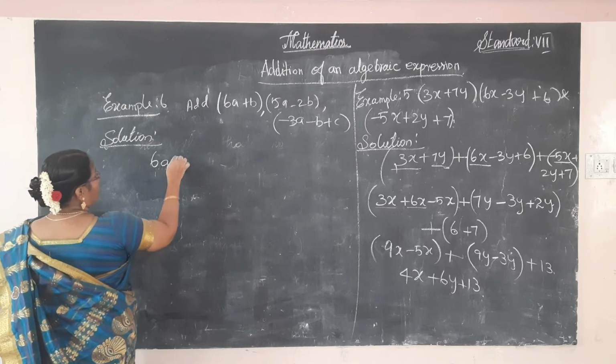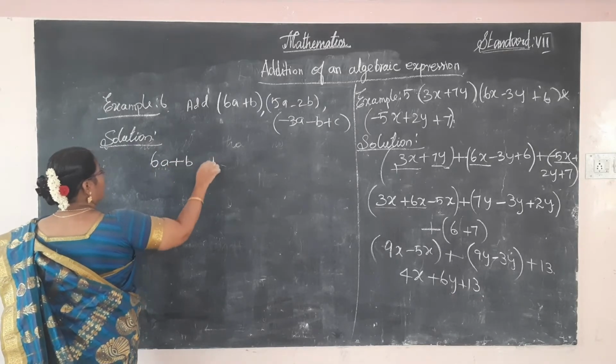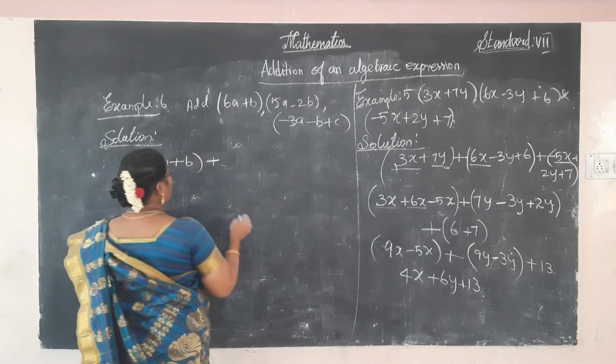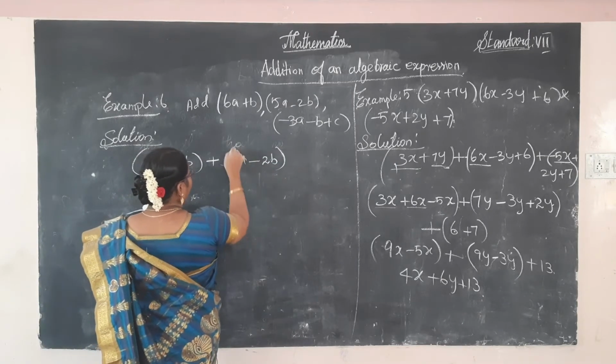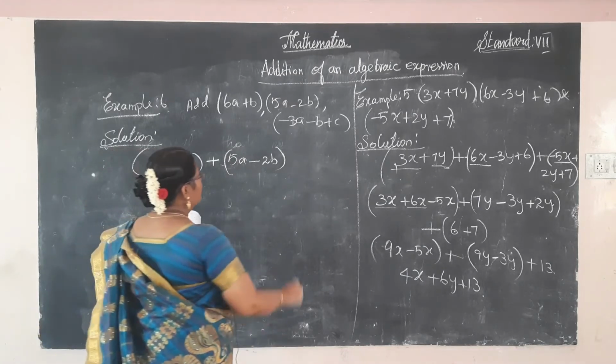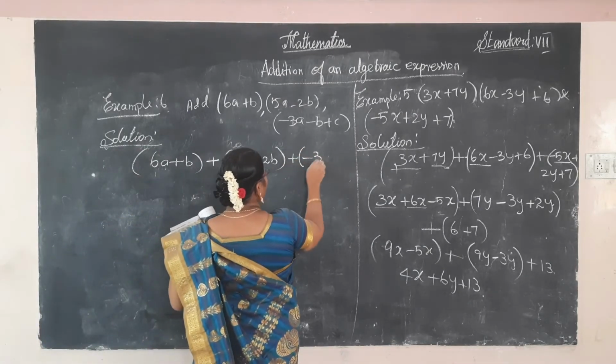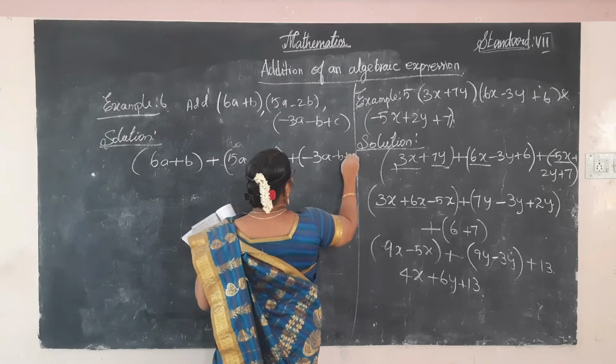First write all the algebraic expressions with the addition symbol: 6a plus b, plus 5a minus 2b, plus minus 3a minus b plus c.